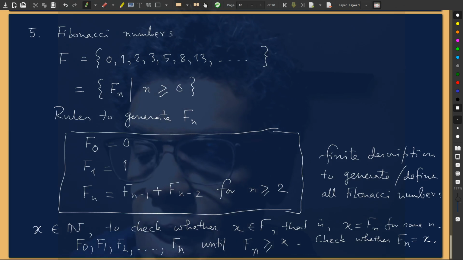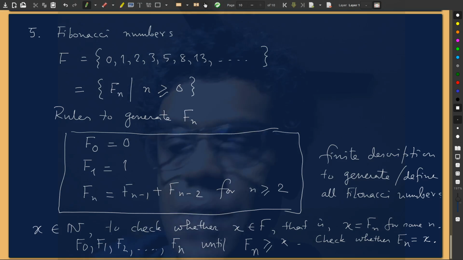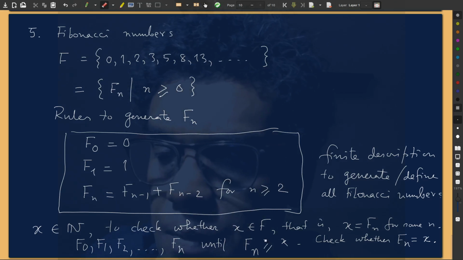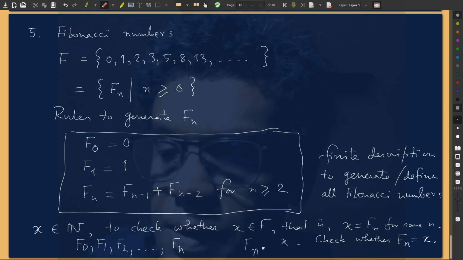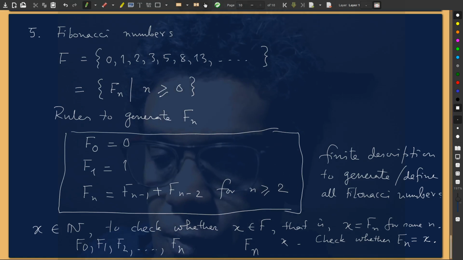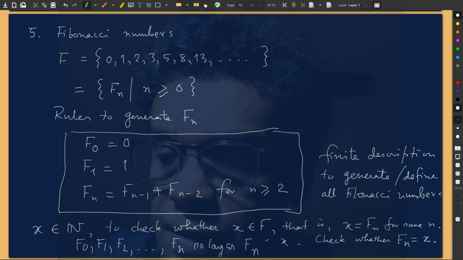Better let me write this way. So long as this is less than or equal to x.